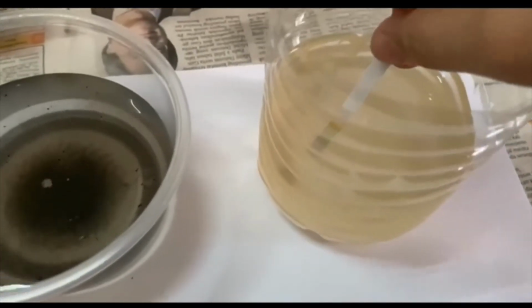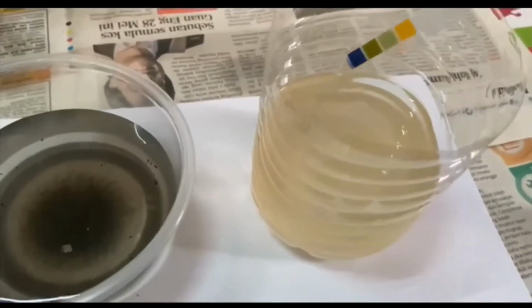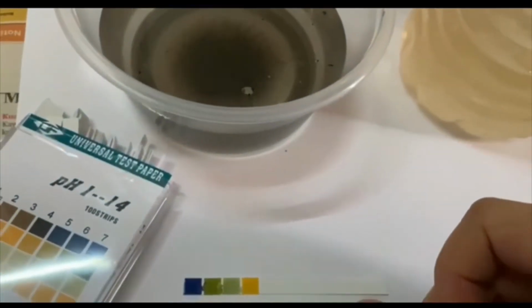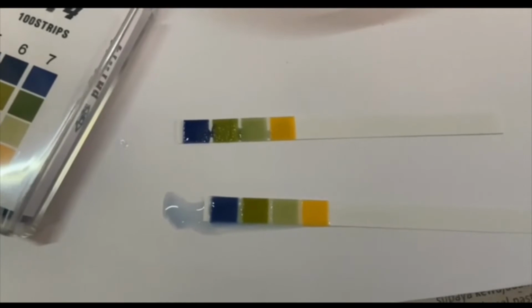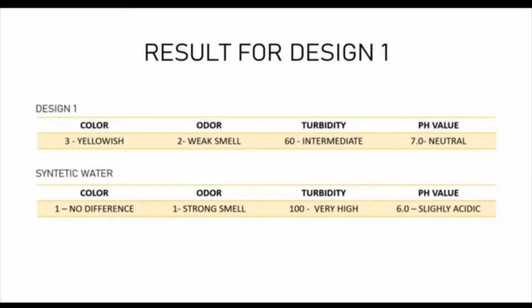The wastewater recorded a pH value of 7, which is neutral. This is the final result for design 1, having the measurement of 4 cm of material used to complete the water purification system. This result is made by comparison to the synthetic water as the control variable.